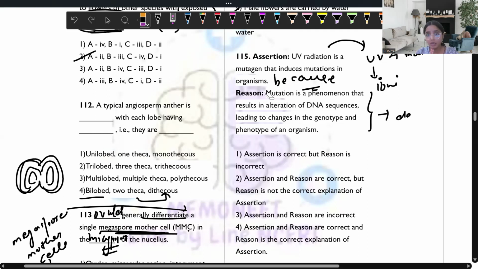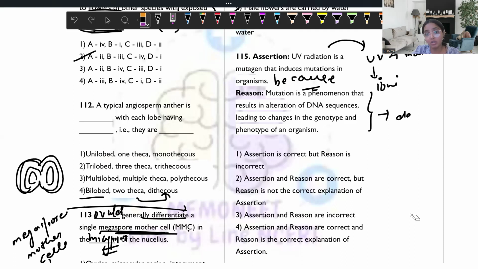Is it correct? Are UV radiations mutagens because mutation is an alteration in DNA sequence? Think again. Let us read it again.